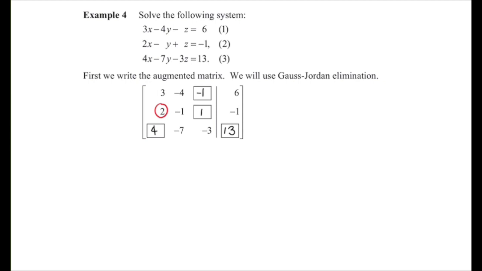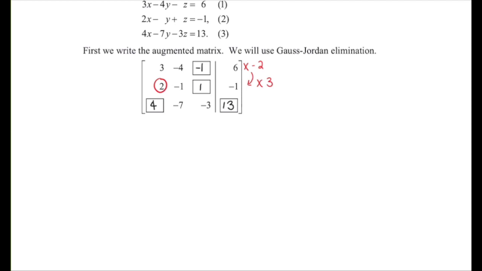I'm going to look at my top equation and multiply it by -2. And I'm going to add that to the middle equation when I multiply it by 3, so that we have a common value. Multiplying the top row by -2, I have -6, 8, 2, -12.